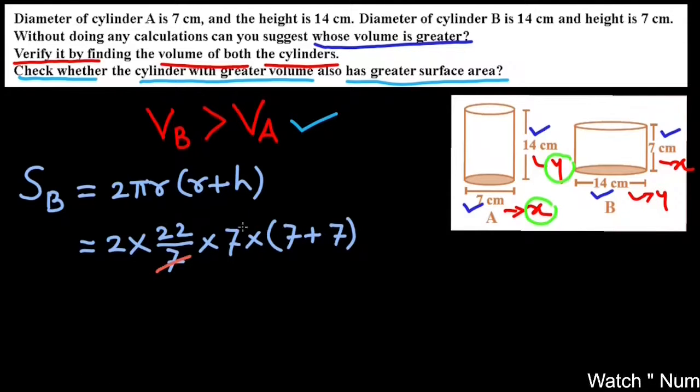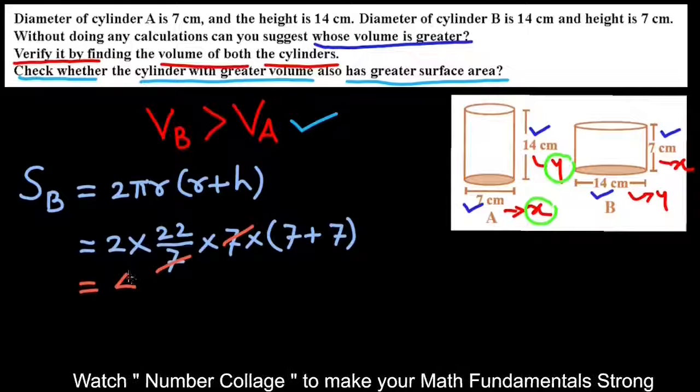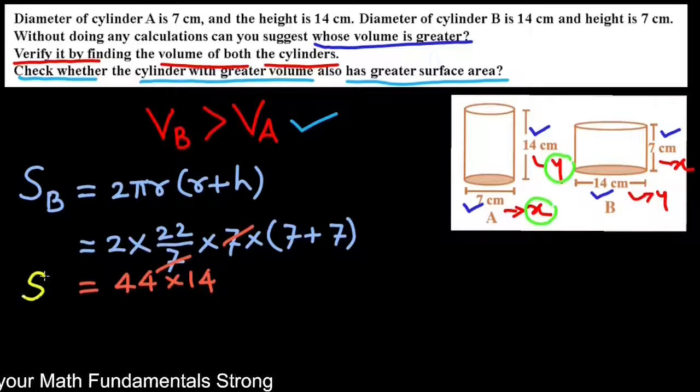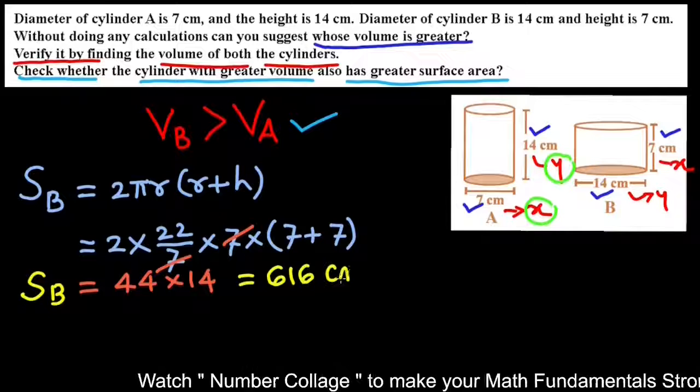So this 7 cancels with this 7, and we get 44 multiplied by 14. So that gives us surface area of cylinder B equals 616 cm square.